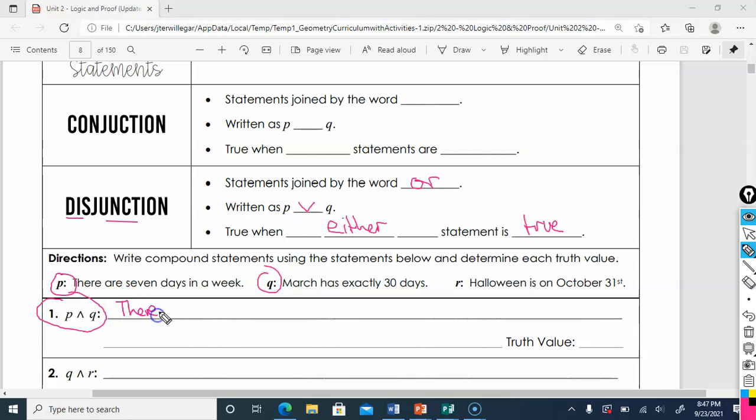There are 7 days a week, and March has exactly 30 days. Now, does March have 30 days? No, it doesn't. So this part's not true. If that one part's not true, the whole thing is not true.